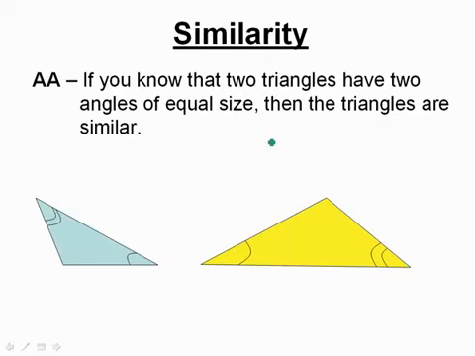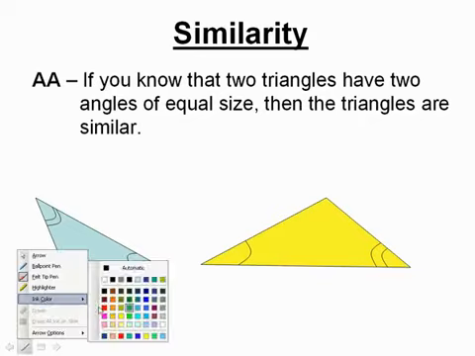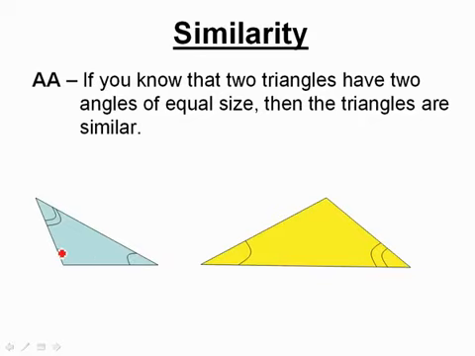Similarity. If you know that two triangles have two angles of equal size, then the triangles are similar. And this makes sense. Because if you think about it, if you know two angles in a triangle, angle, angle, then you know the third angle because they have to total 180. You can infer the third angle. So we know this angle here will be equal to this angle here.